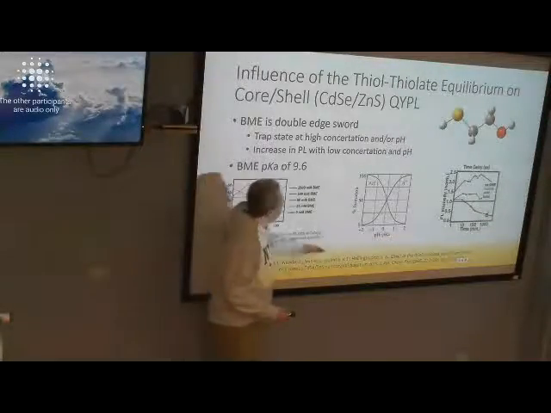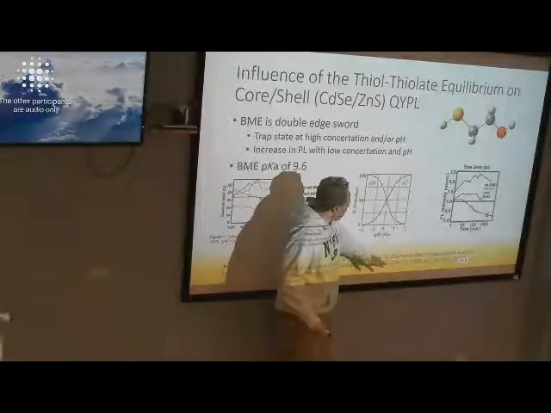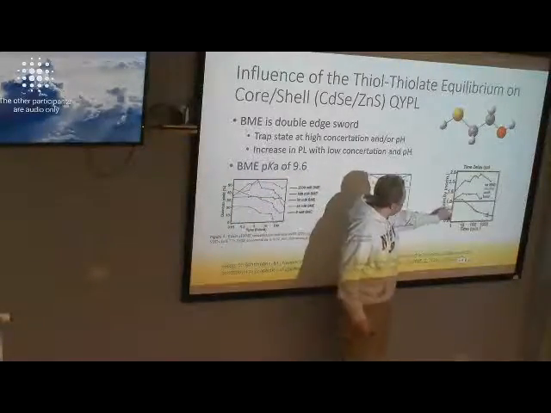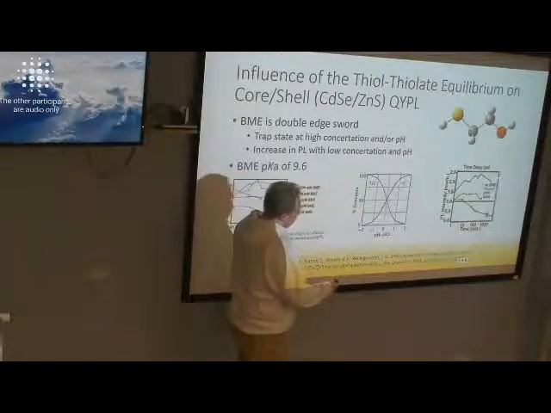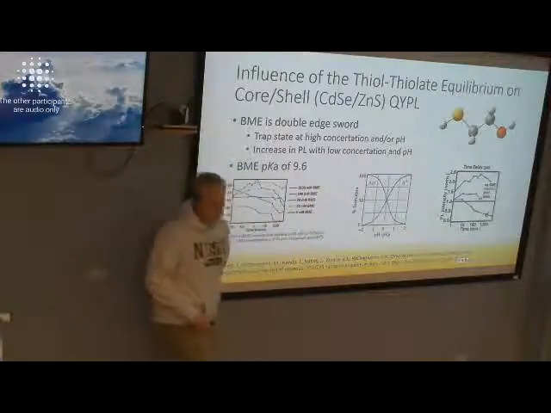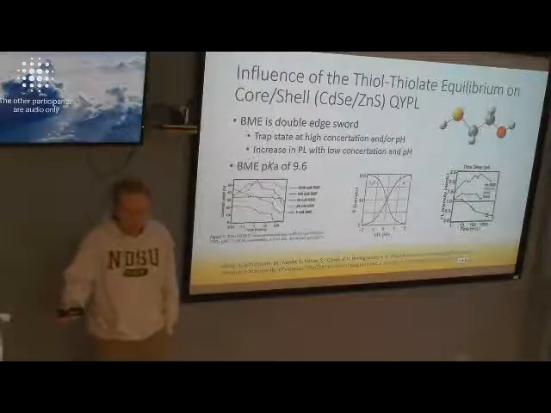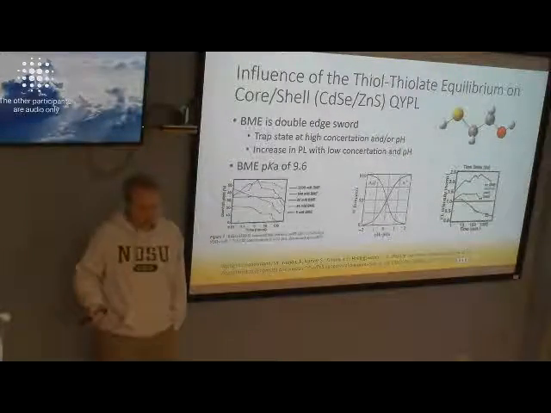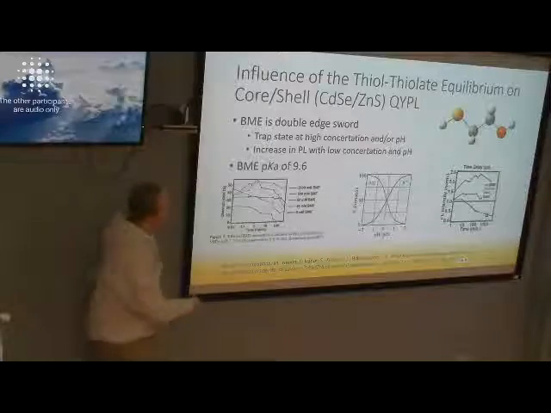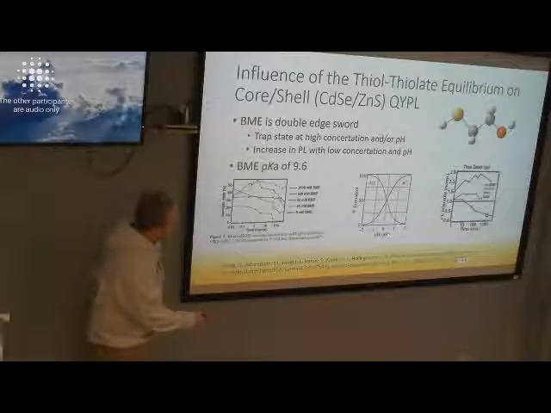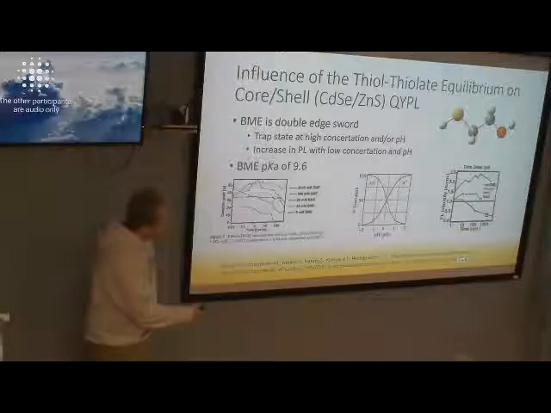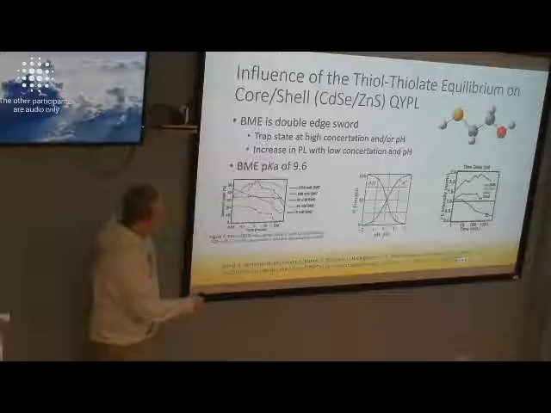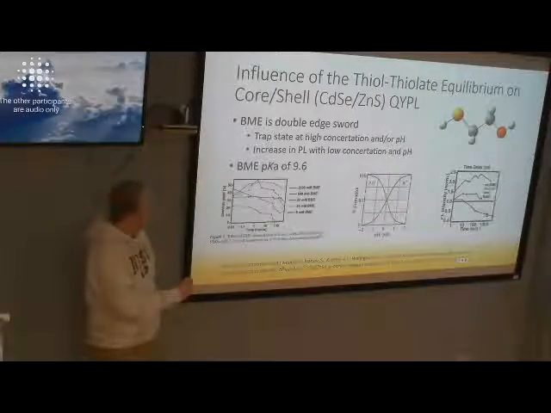So if we take our knowledge of pKa and the experimental results, we can say that on the surface of the quantum dot there is more protonated thiol than non-protonated, because if we're at neutral here and we decrease the pH, we get more acidic, so more proton.